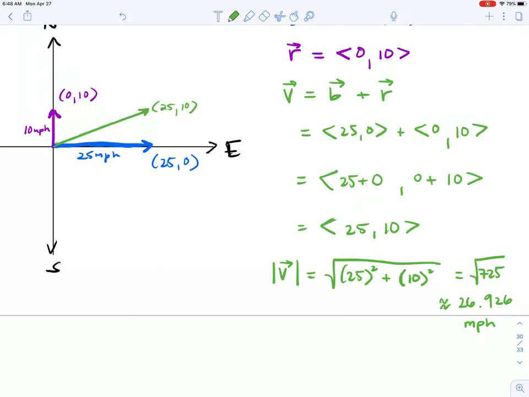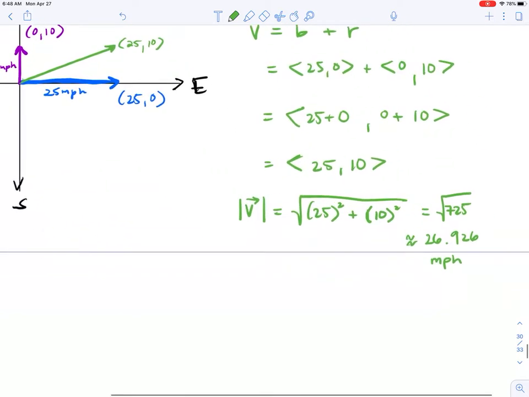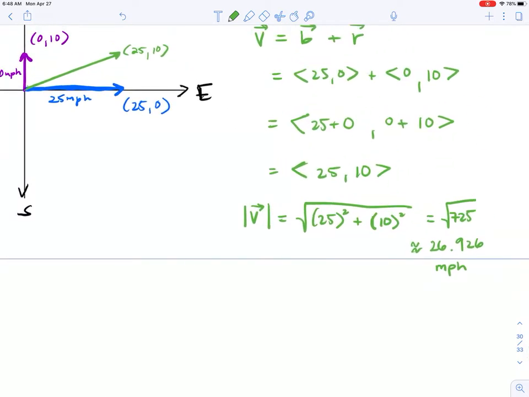So the actual speed of the boat is going to be approximately 26.926 miles per hour. So the boat is actually traveling at a faster speed than its speedometer is reading because of the river moving, so the water moving.